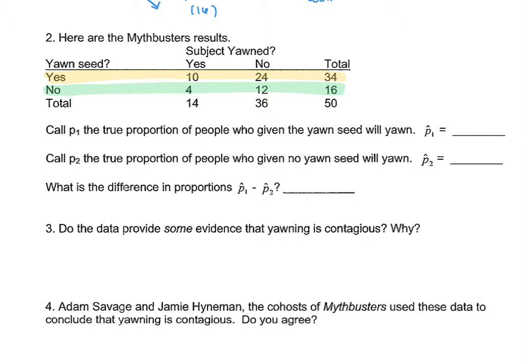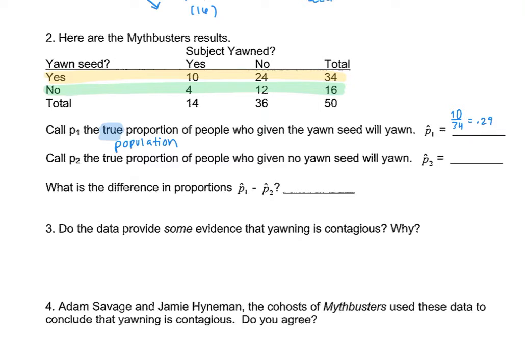So now instead of just having p hat, we're going to have p hat 1 and p hat 2. So p1 is the true proportion. Remember, that's talking about a population. The true proportion of people who, given the yawn seed, will yawn. So that is 10 out of 34, which is 0.29.